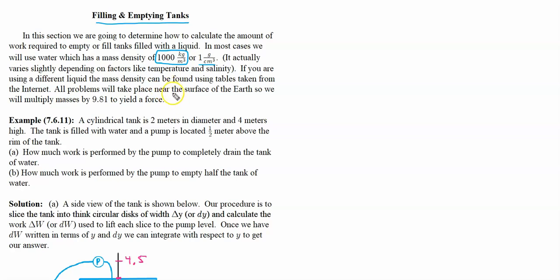So when we want to calculate forces required to lift a certain amount of water, we're going to multiply the mass that we want to lift by 9.81 to yield a force. Remember, because force equals mass times acceleration, and near the surface of the Earth, acceleration is about 9.81 meters per second squared.